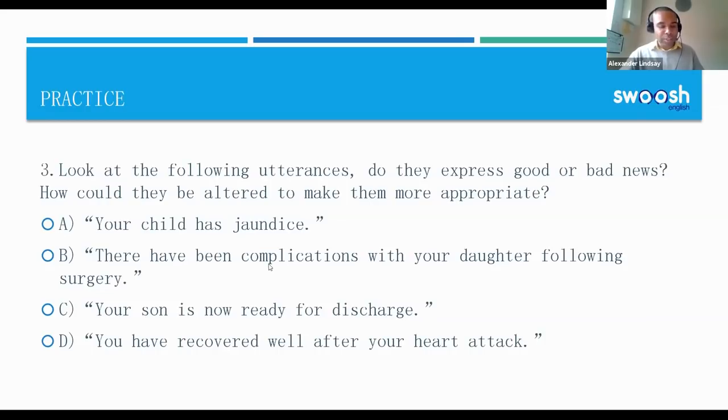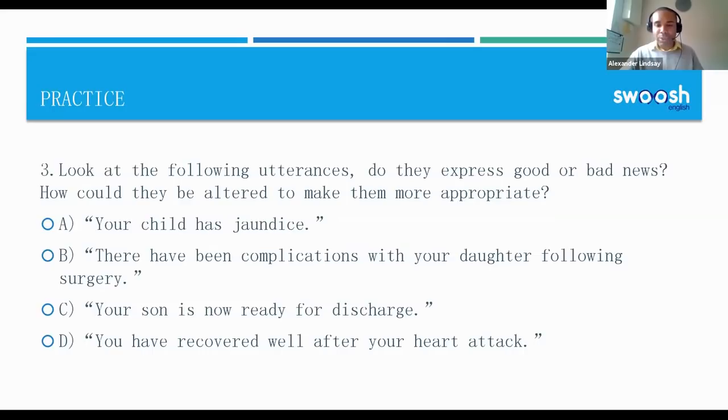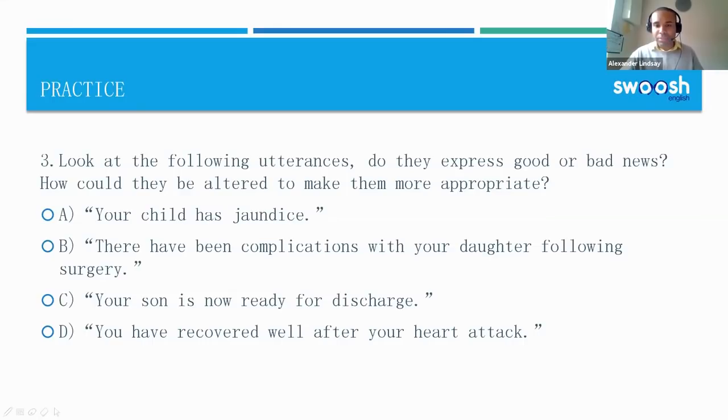Okay, so let's see if we've got any suggestions coming in so far. Let's have a quick look here. Okay, so we've got some good expressions here. With the first one, it is bad news, is what's being recognized here, but there's treatment available.